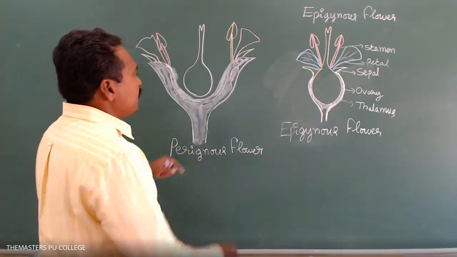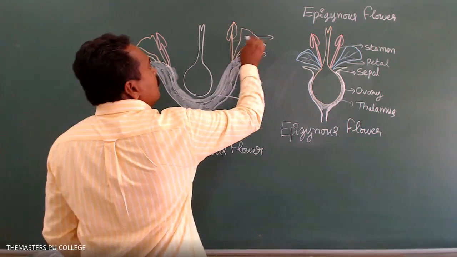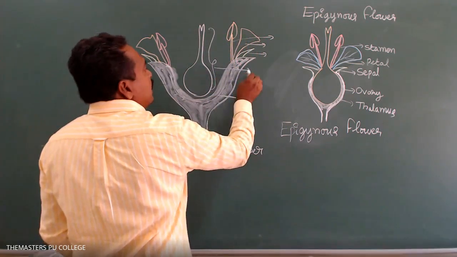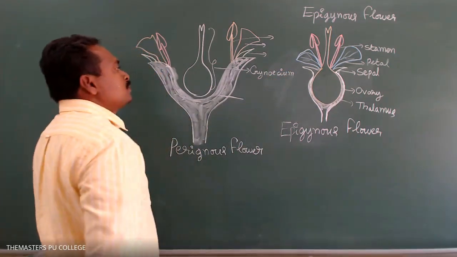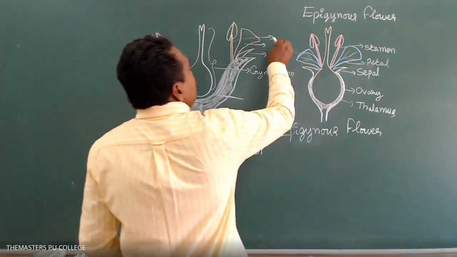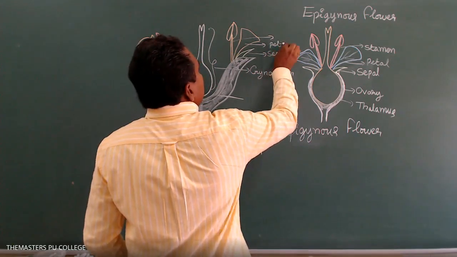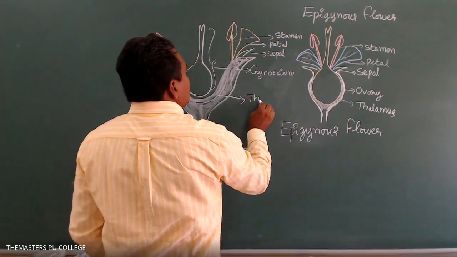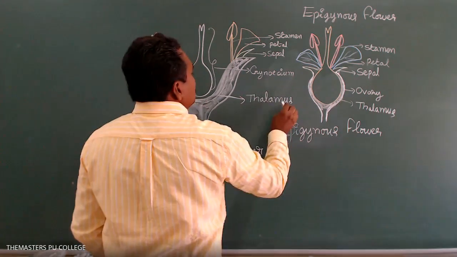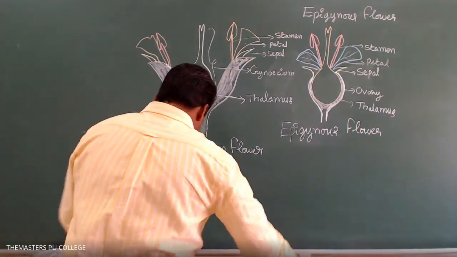In this flower, this is the thalamus, sepal, petal, stamen, gynoecium. Thalamus. Have you drawn? Correct.